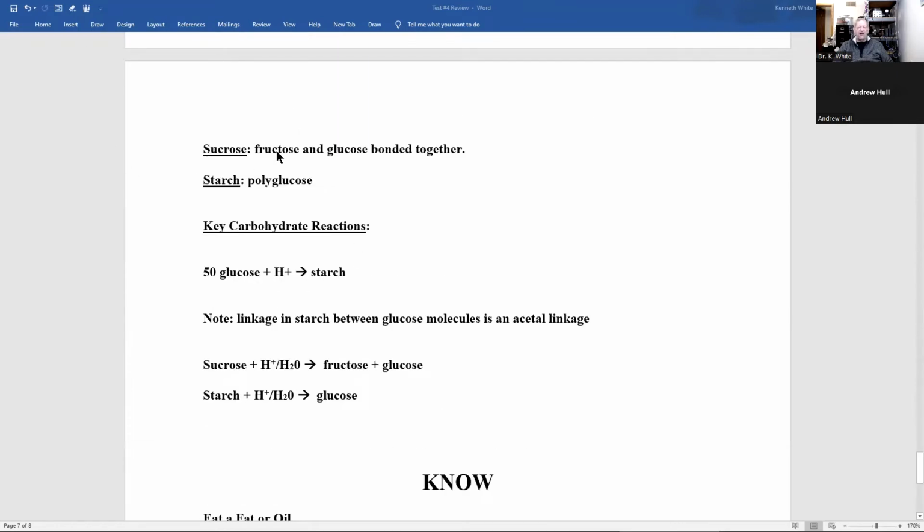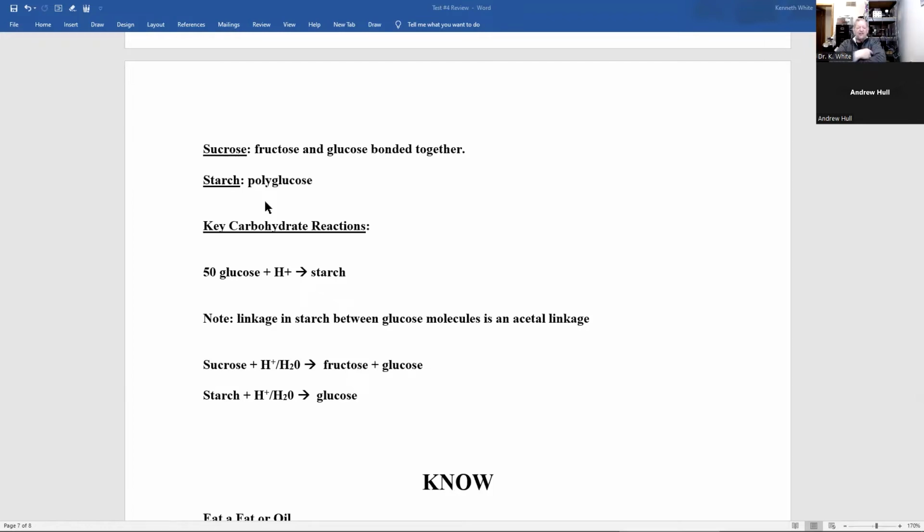Now, things you should know about sugars and carbohydrates. Sucrose is fructose plus glucose bonded together. Sucrose, table sugar. Starch is a lot of glucose molecules linked together, polyglucose.